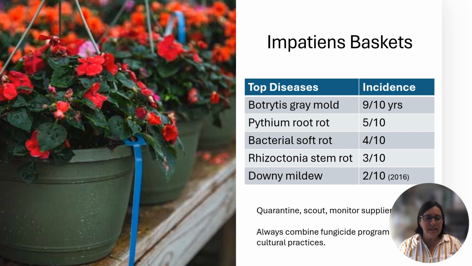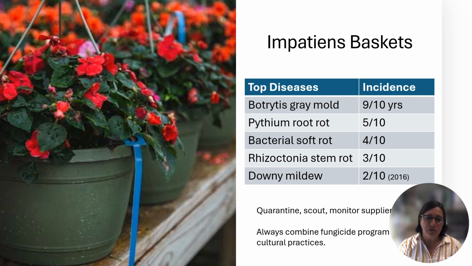I've recently learned about disinfesting my greenhouse between crops, and I'm going to start fallowing my greenhouse in between seasons, but still, I think that Pythium is a top disease for my impatiens zone in my greenhouse.